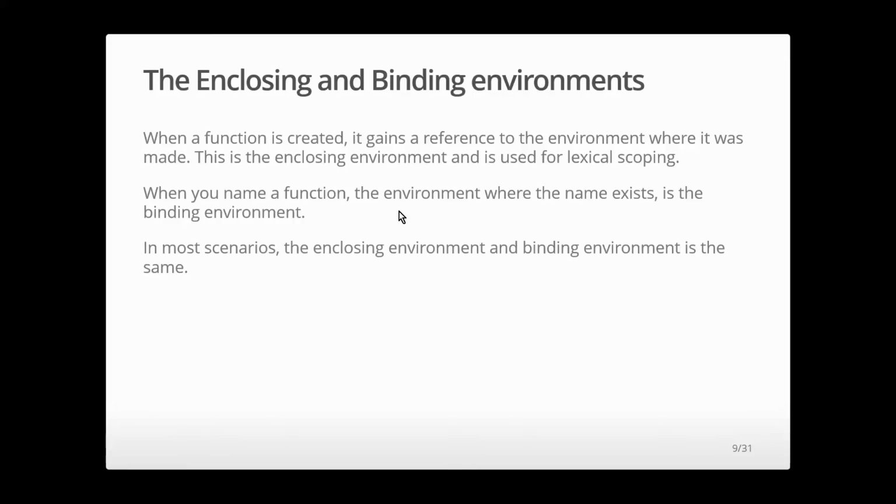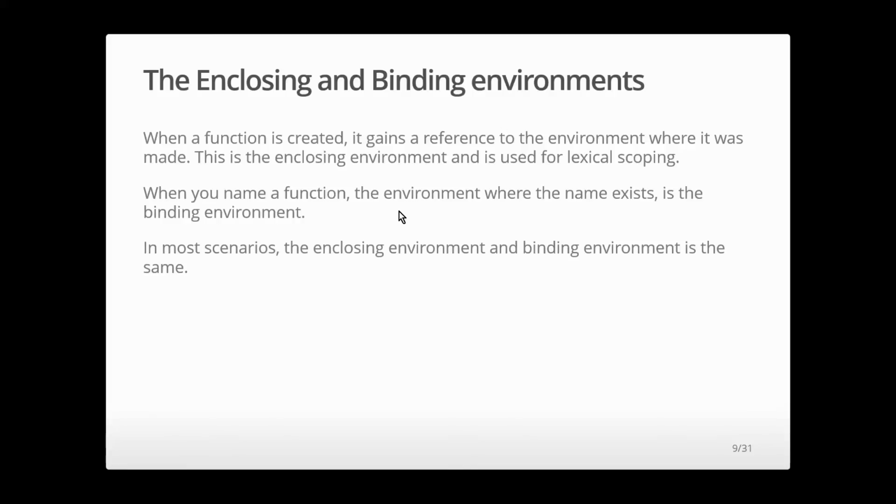In most of your scenarios, the enclosing environment and the binding environment are going to be the same. If you write a function in the global environment, the place where you wrote that function is the enclosing environment, which will be the global environment. Most likely, you're going to store that function and name it there too, inside the global environment. So if you call it function f, and f resides in the global environment, then the global environment is the binding environment.